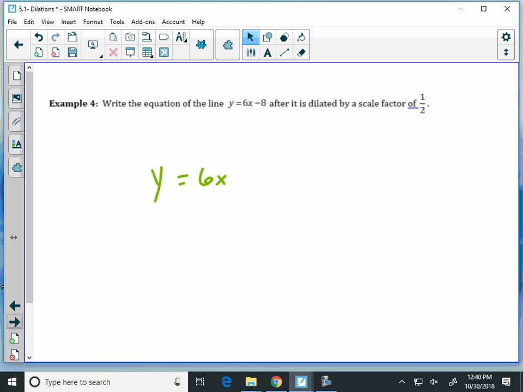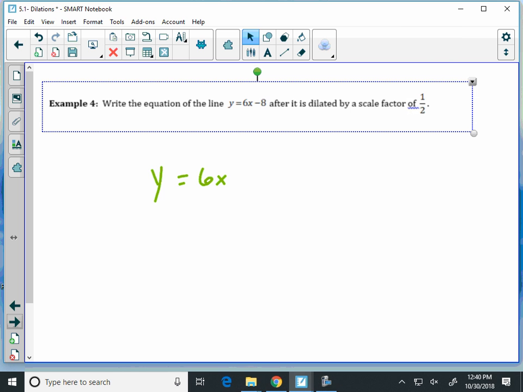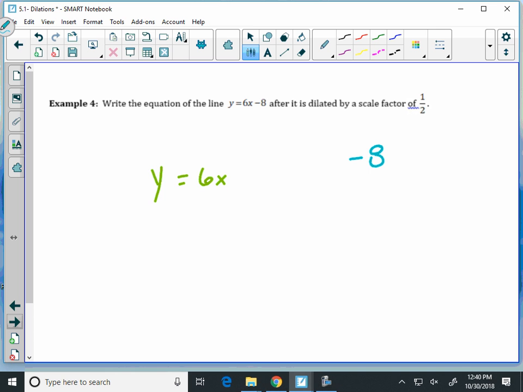So all you have to do to figure out your new b is take the original b and multiply it by the scale factor. We take negative 8, multiply it by the scale factor 1/2, and what do we get? Negative 4. That's your new b. So whenever you're dilating a line and you need to find the new equation, you keep the slope exactly the same, just multiply the y-intercept by the scale factor, and there's your new equation.